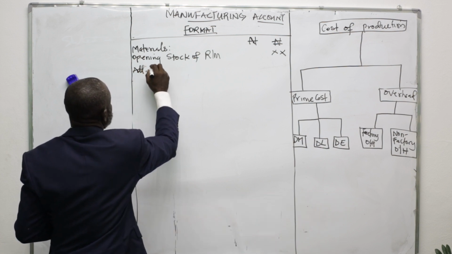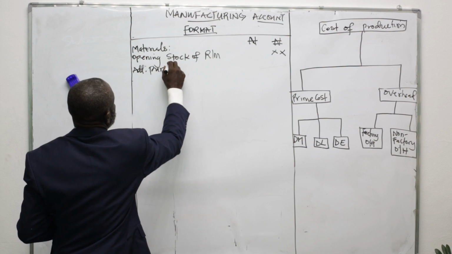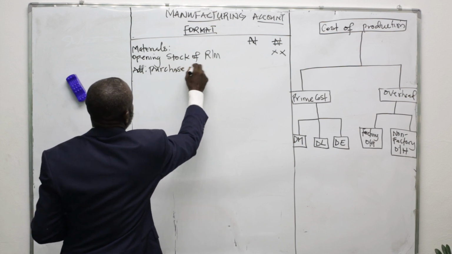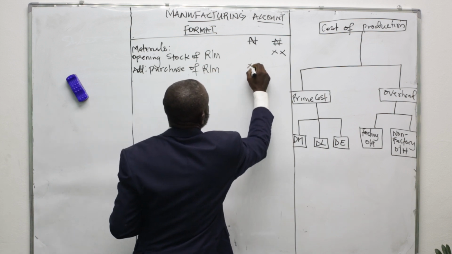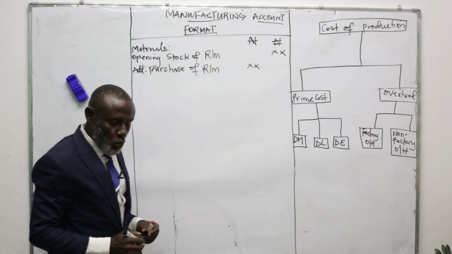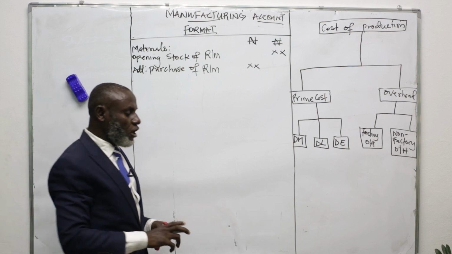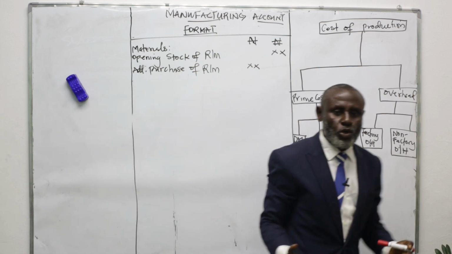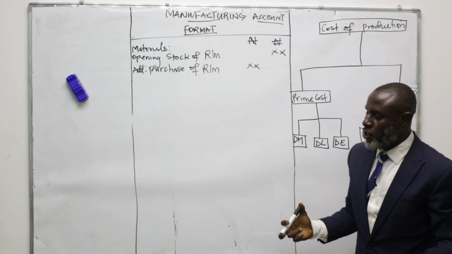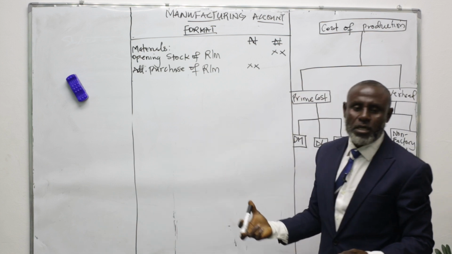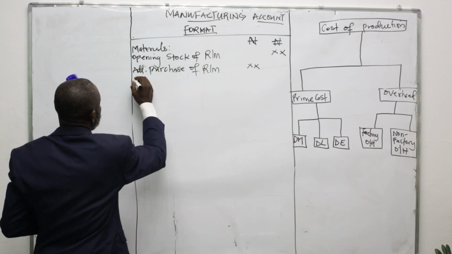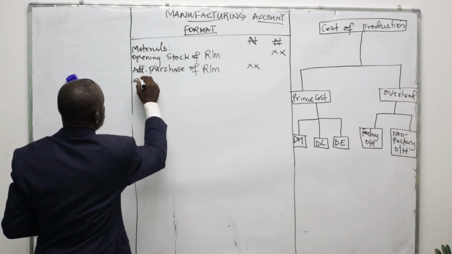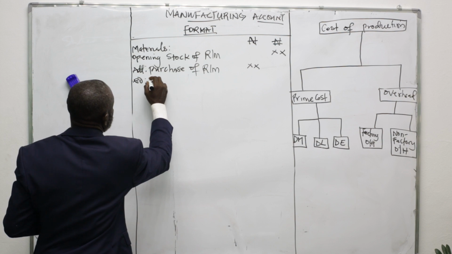The purchase you add is going to be purchase of raw material. Of course, you know, purchase don't always come alone. It comes with each of its own elements, which might be carriage inwards or purchase return. So you're going to add carriage inwards to purchase to figure out your net purchase.